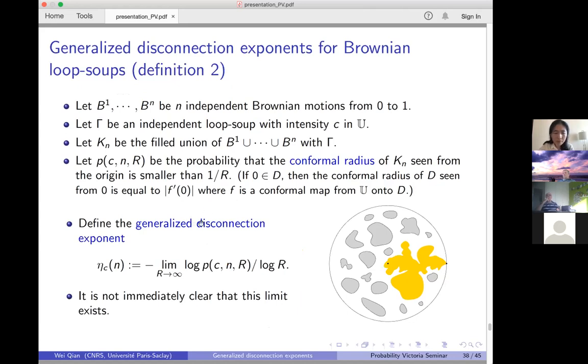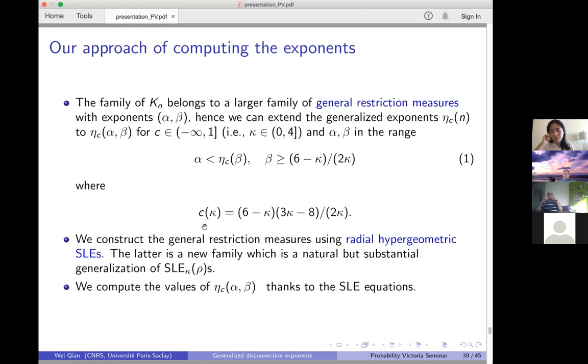It is not very clear from the definition that this limit exists, but later, using SLE techniques, we show that this limit exists. And of course, the equivalence between definitions 1 and 2 we will show in upcoming work in progress.